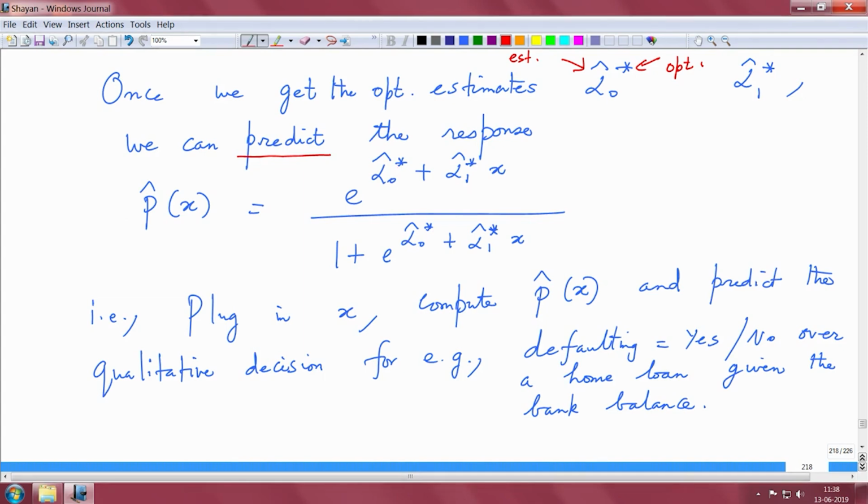Once you plug in x given the optimal estimates that you have, you can predict the qualitative decision by interpreting this in terms of a probability. For example, given the bank balance condition, you can figure out if the defaulting condition is a yes or a no over a home loan.